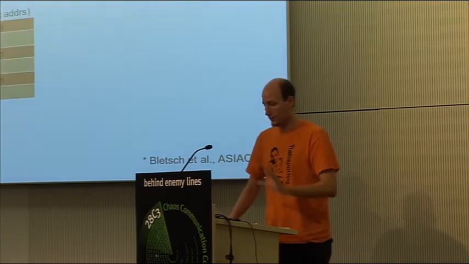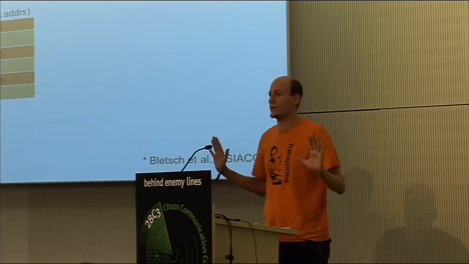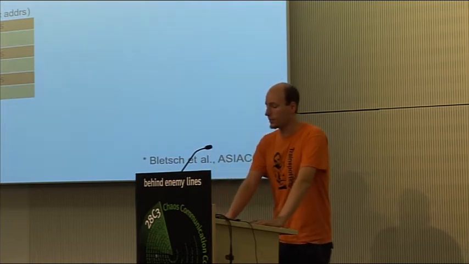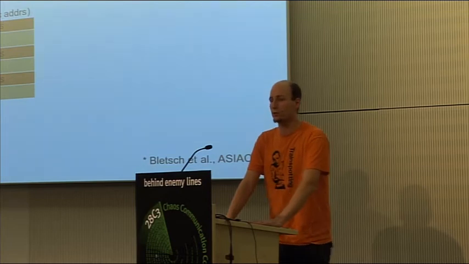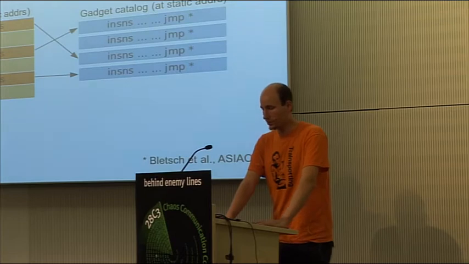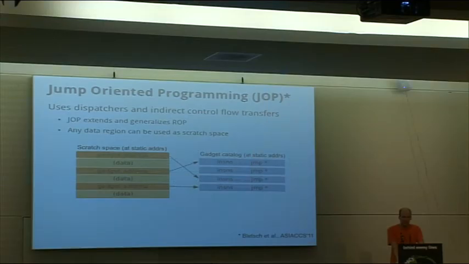Let's look at it. We have a scratch space at some static address that we control with a set of gadget addresses and data that we consume in this interpreter. So these gadget addresses point to the gadgets in our catalog.